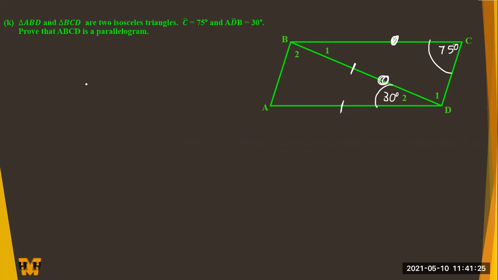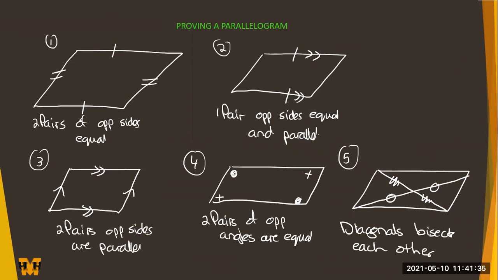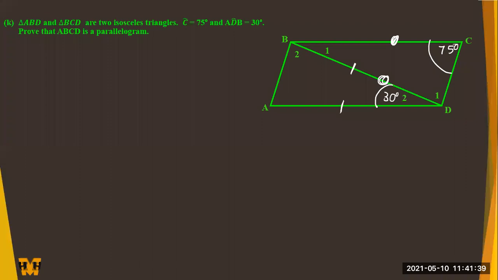We can't work with a parallelogram because we have to prove that this shape is a parallelogram. Now you keep in mind these 5 options. We don't have any diagonal line. We have a diagonal here, but we don't have a line cutting through it. I don't really have equal sides, so I'm not going to work with opposite sides are equal.